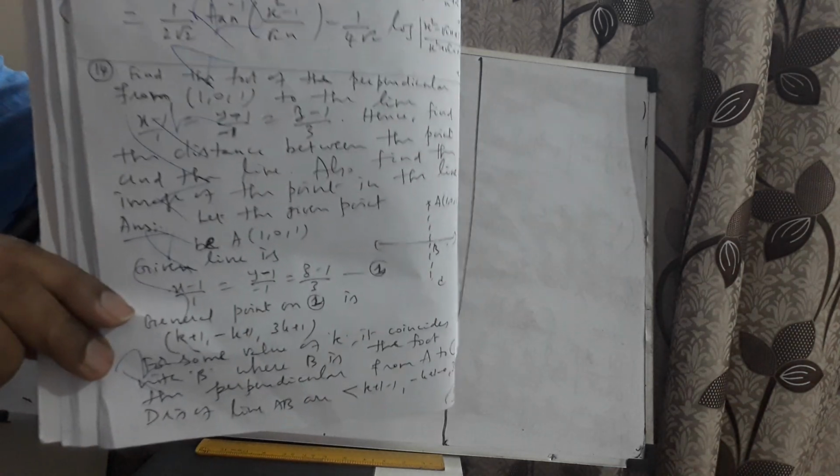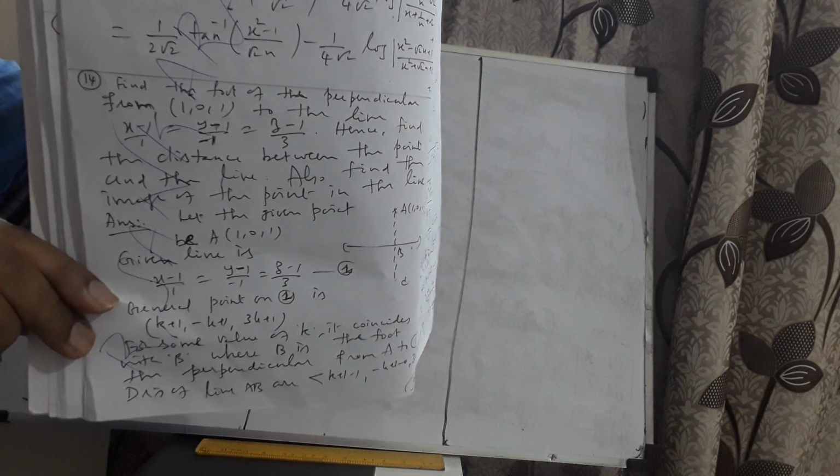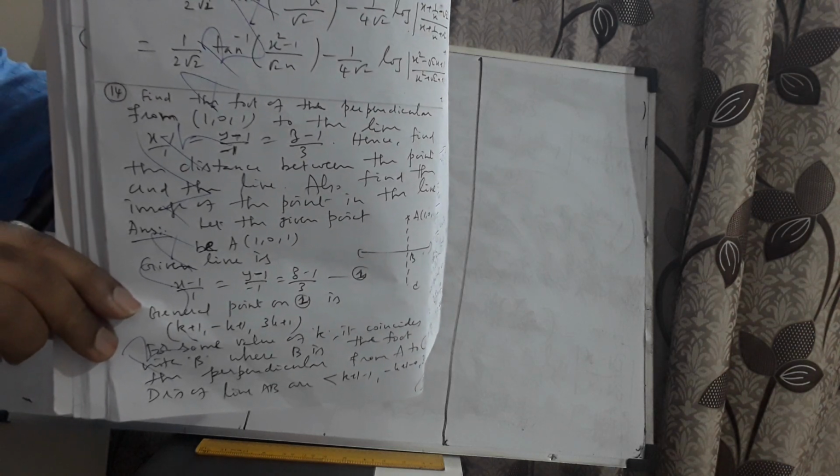I'll just show you the question. Read the question. Actually, by image we mean something like a mirror image. If you go and stand before a mirror door, your image will be on the opposite side, at the same distance.